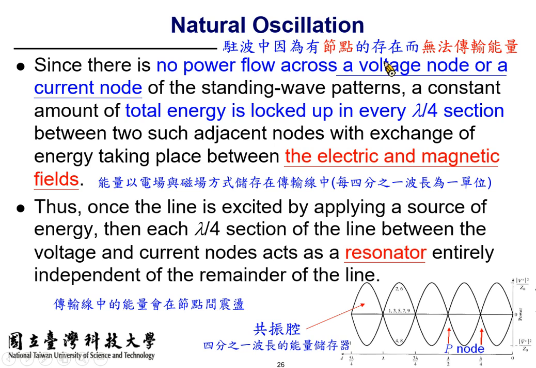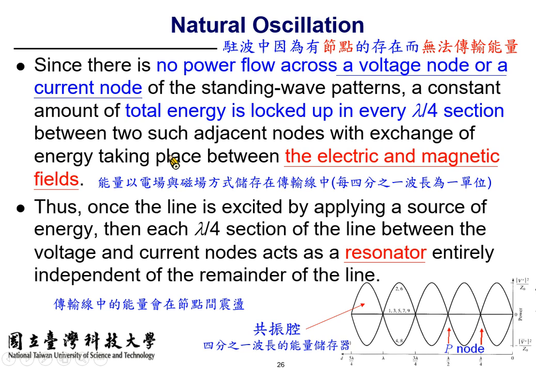Okay, and we already know that there is no power flow across a voltage node or a current node on a transmission line with standing wave pattern, because at the node position, the total energy, which is a product of line voltage and line current, stays 0 all the time.